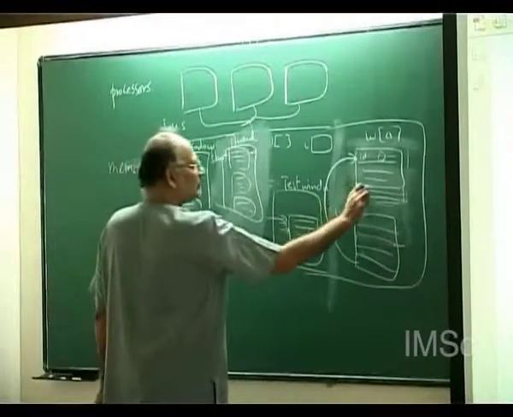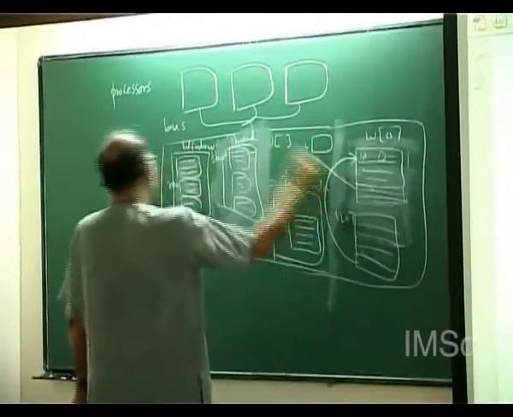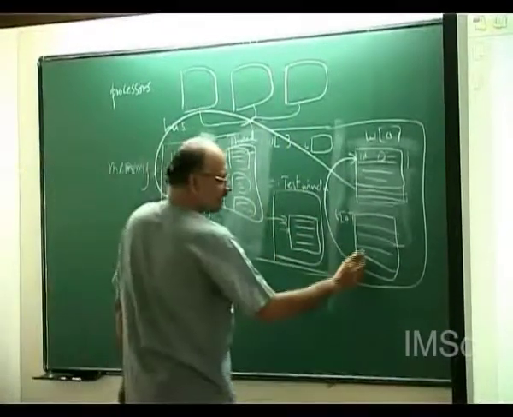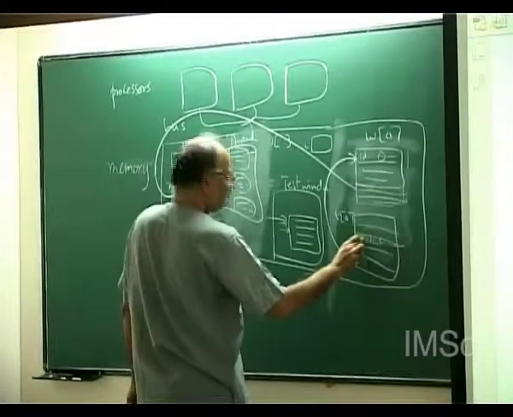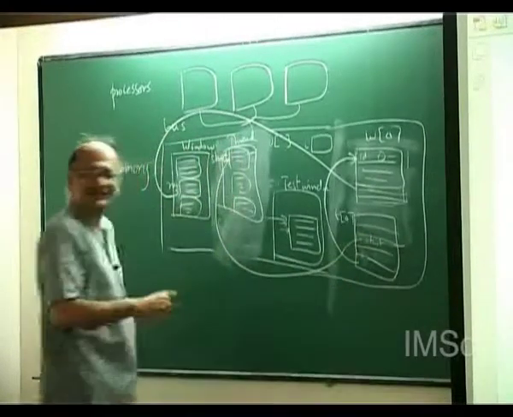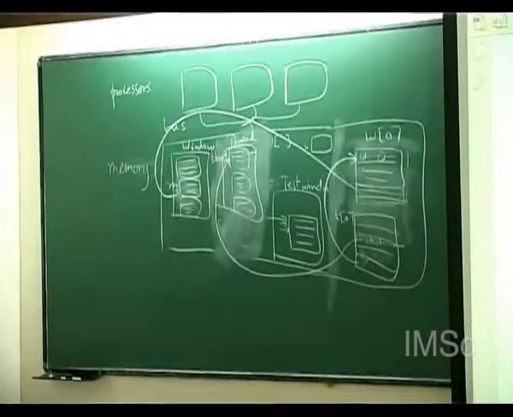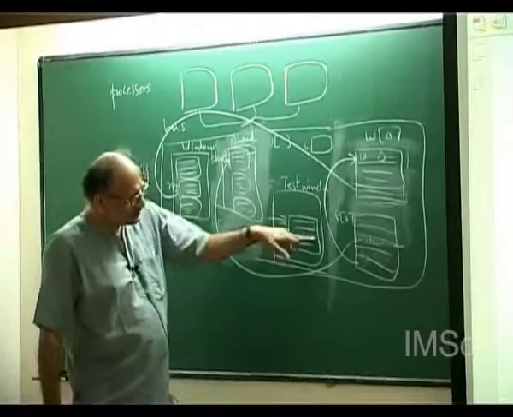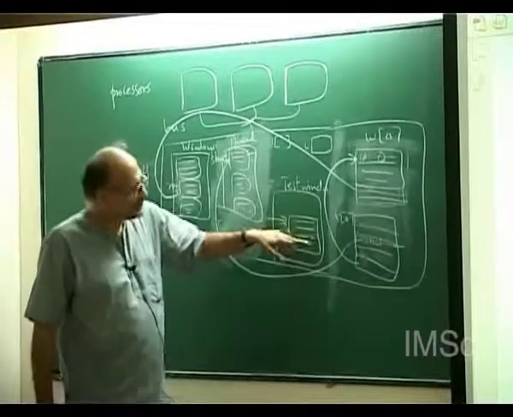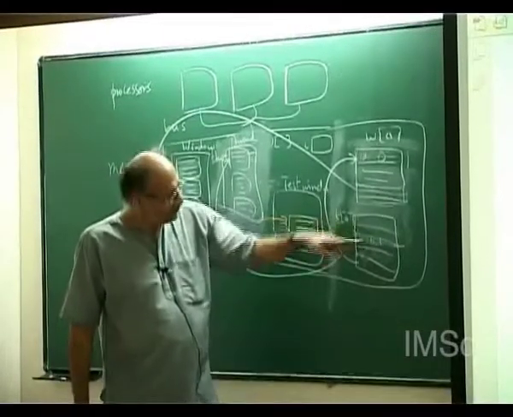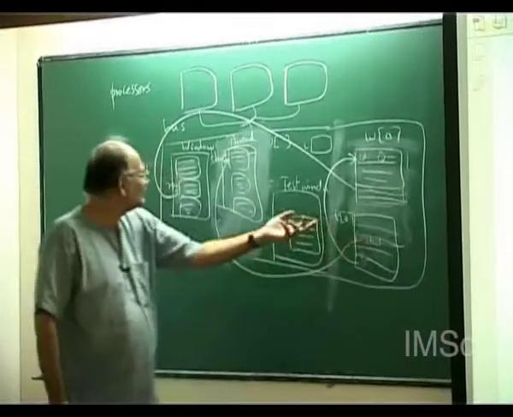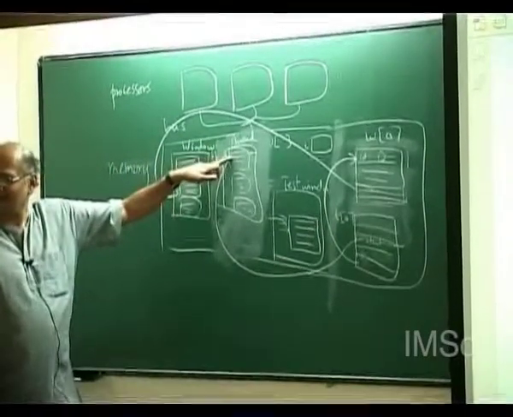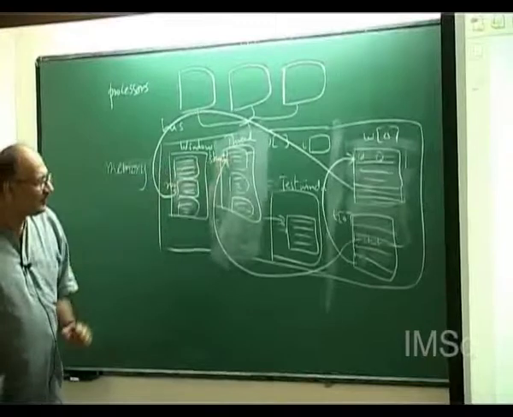There will be a run method here set to point here, and a start method here set to point to this place. So when you say t0.start here, this goes to t0, finds out the address of the start method and calls this start method. This is what happens.